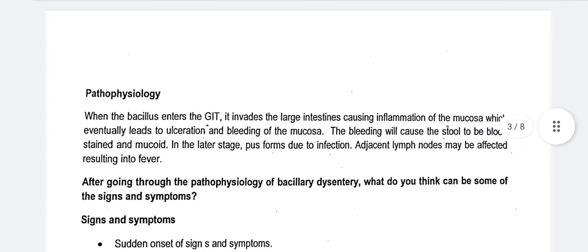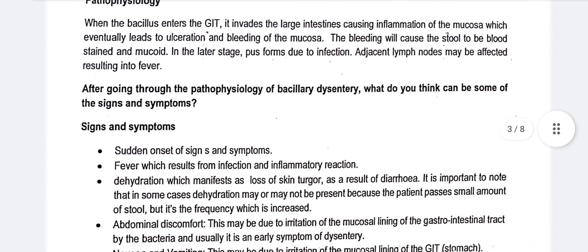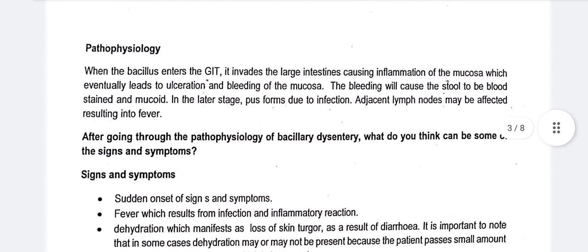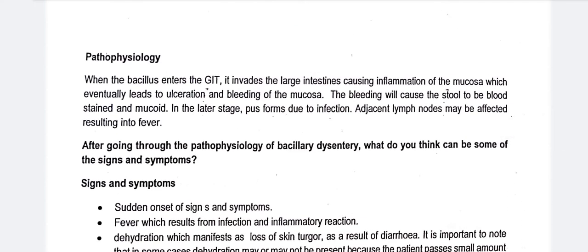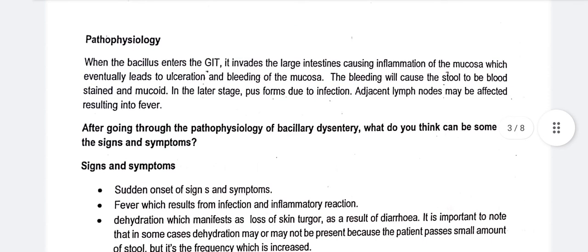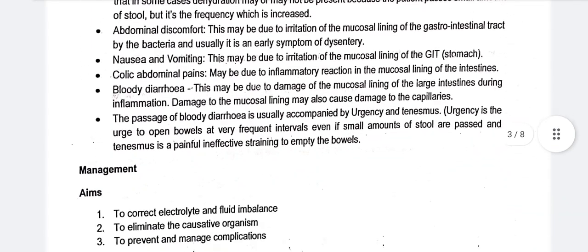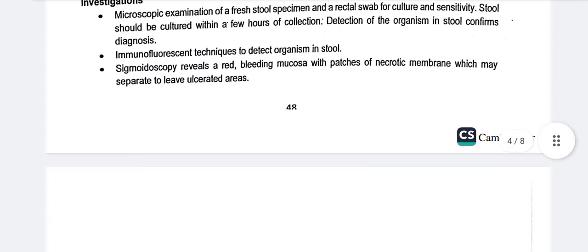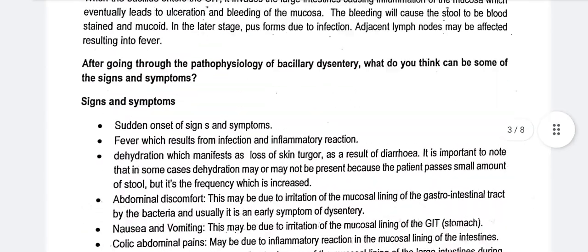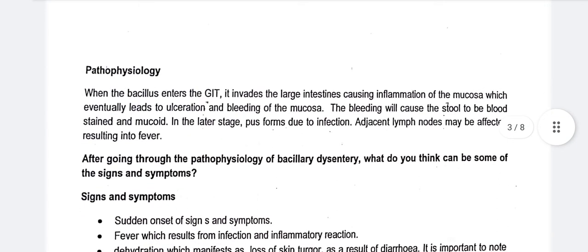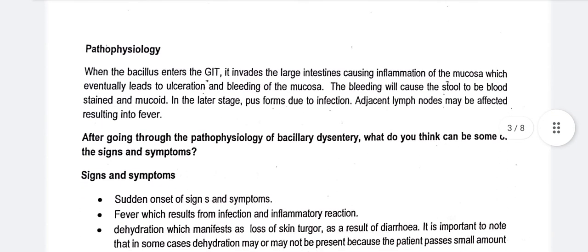Let's go to the pathophysiology. Let's finish the pathophysiology. So when the bacillus enters your gastrointestinal tract, what are we naming this? We said this bacillus species, there are how many? There are 4.